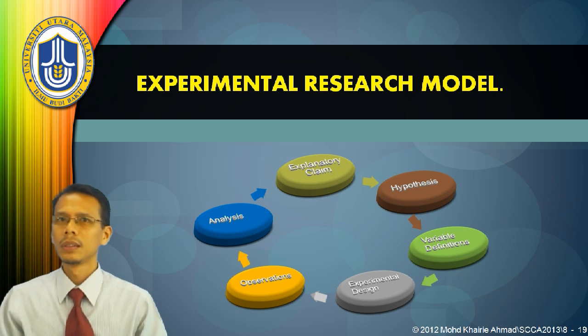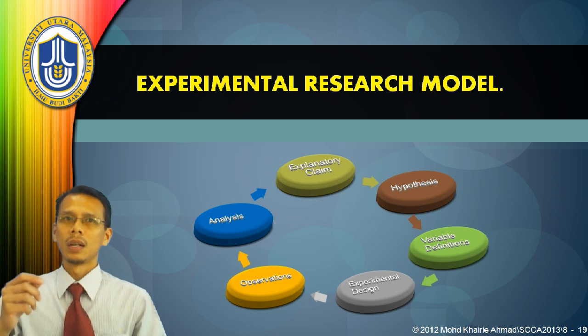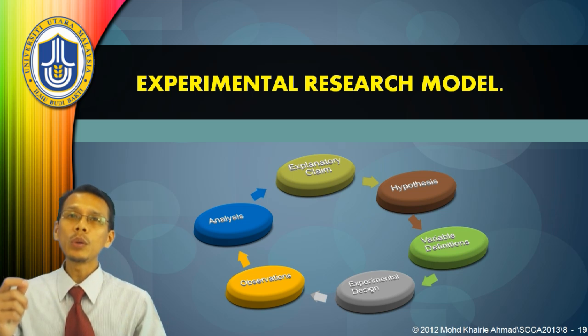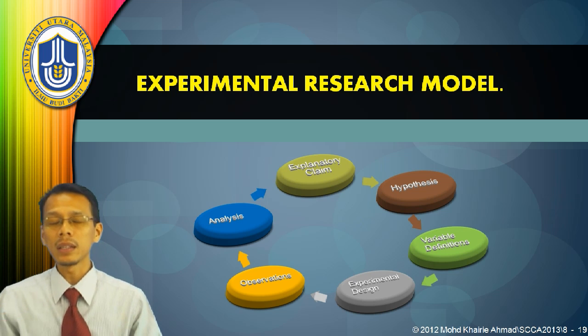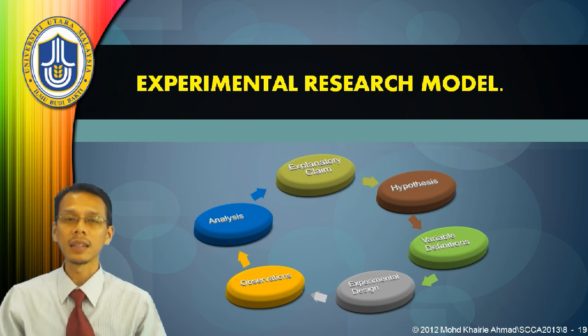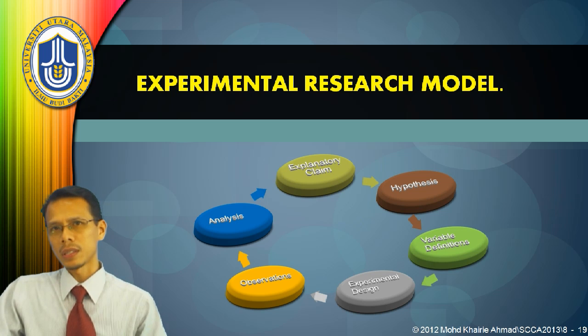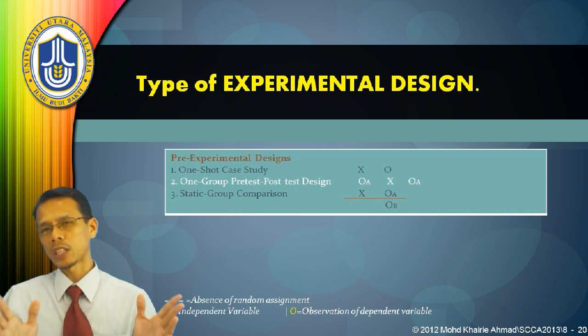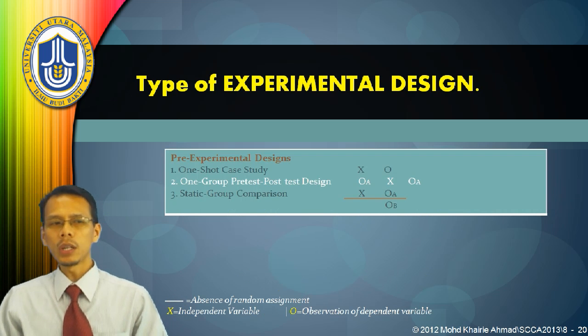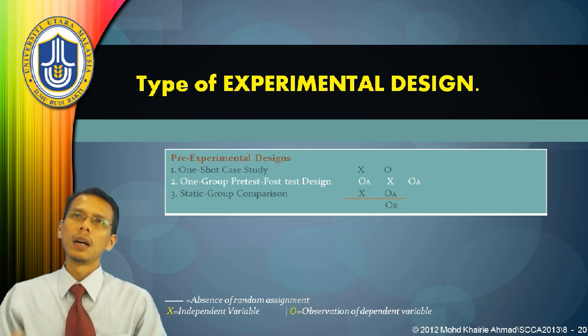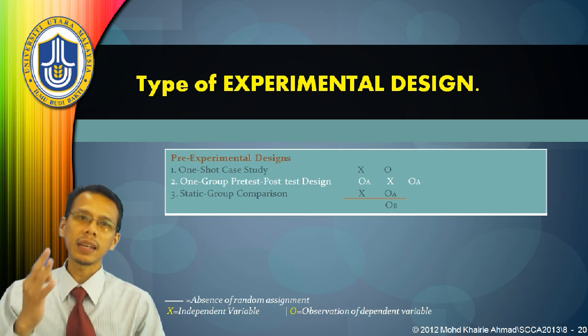Now, let's move on to another section where we are going to discuss in detail the experimental research designs that people usually use. When we talk about types of experimental design, according to Campbell and Stanley, there are at least 3 categories.